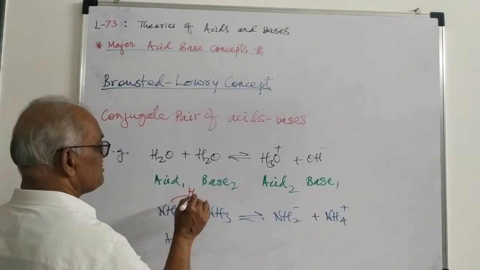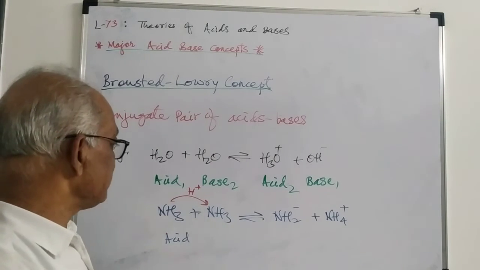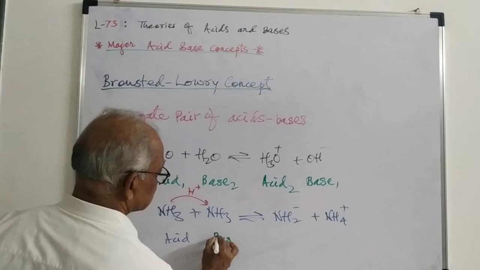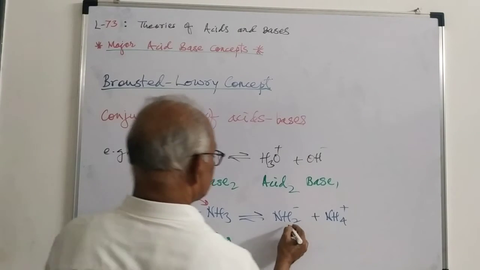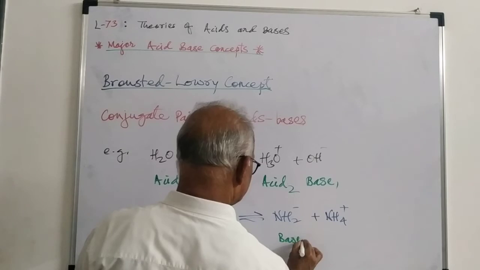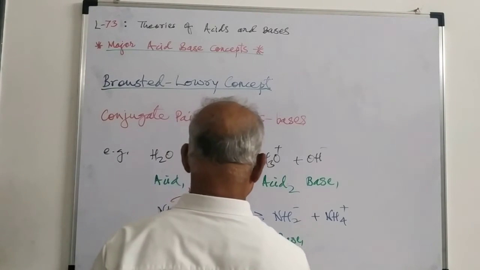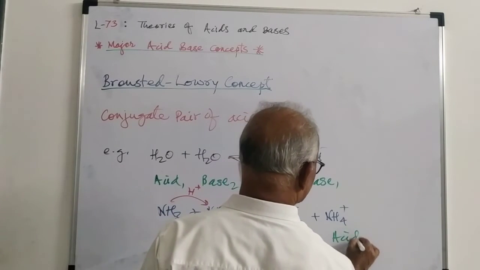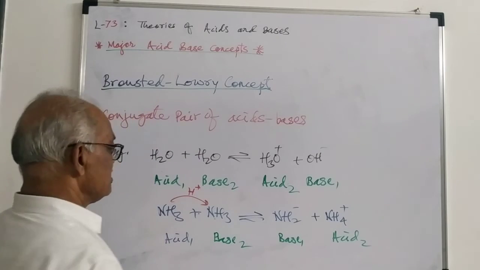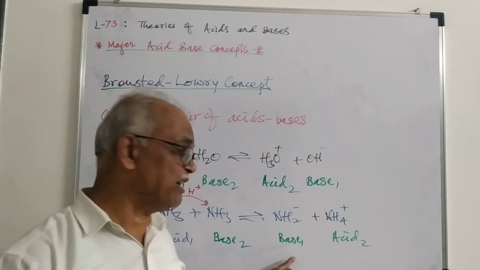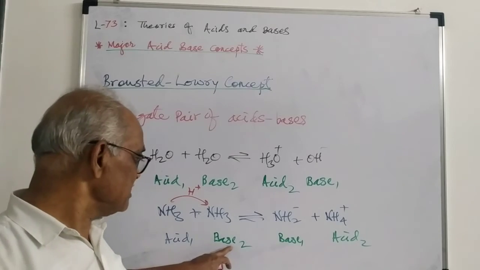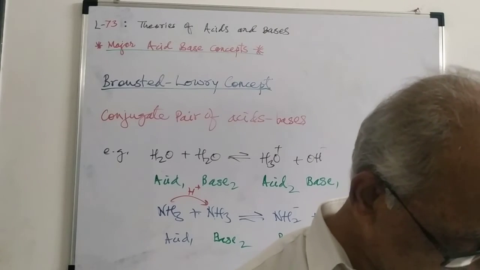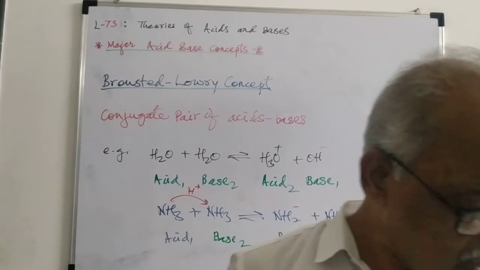From this acid we get this base, so this is acid 1 and base 1. And from this base we get this acid, so this is base 2 and acid 2. Acid 1, base 1 is one conjugate pair, and base 2, acid 2 is another conjugate pair of acid and base. In this way we can have a number of such pairs.